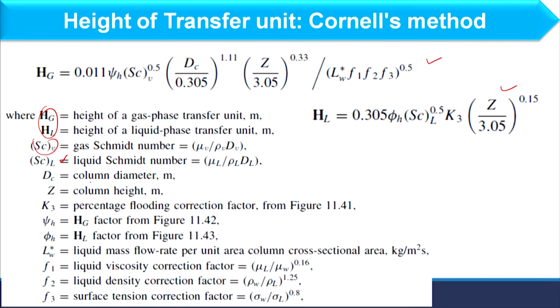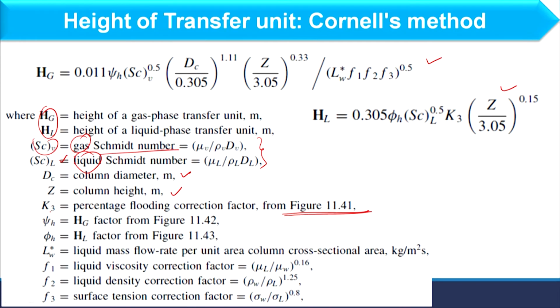SCV and SCL are basically the Schmidt numbers corresponding to gas and liquid, and you can obtain them from these expressions. DC is the column diameter, Z is the column height, and K3 is the percent flooding correction factor, which you can obtain from figure 11.41.